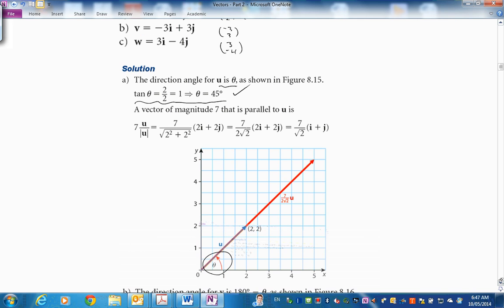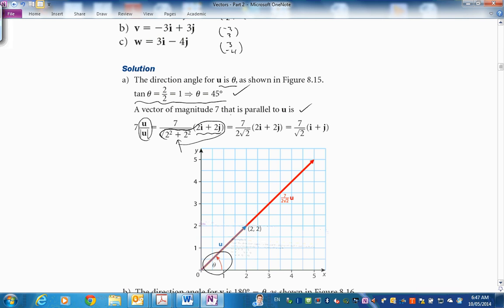Okay, so a vector of magnitude 7, what are we going to do? Well, there's our vector in i and j form. What's its length? There it is, so we divide by its length. So this part is giving us a unit vector: the vector divided by the scalar, which is its length.